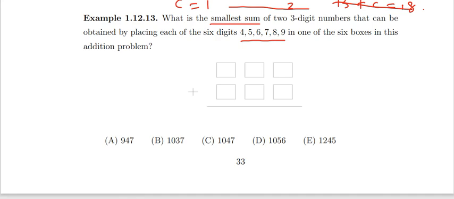So maybe we can put 4, 5 here, smallest, right? Then like 6, 7. We should put it this way: 7, 8, 9. Or can we change it? If we change 4 and 5, changing doesn't matter. Yeah, the same. Okay.